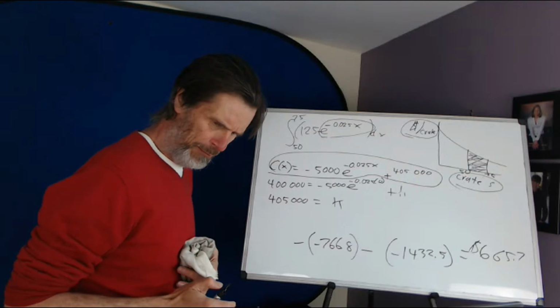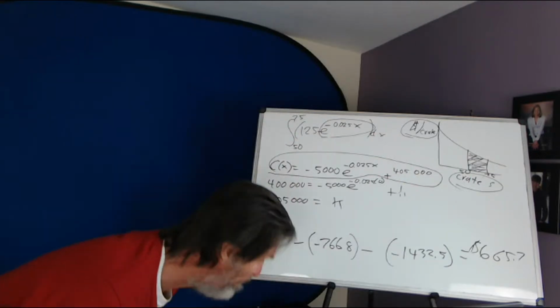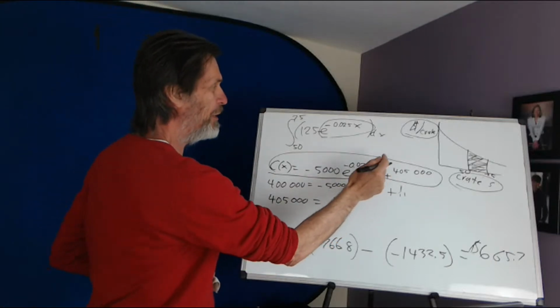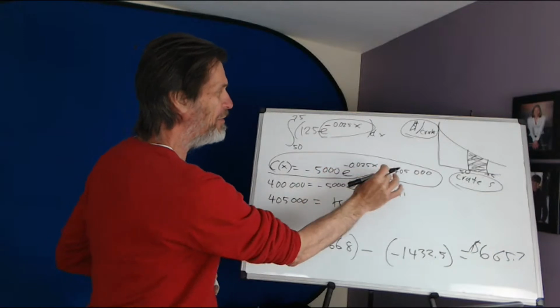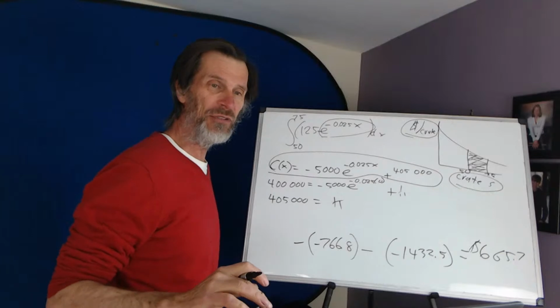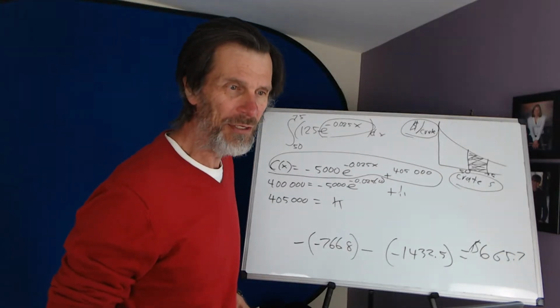The other important thing is when I plug in 0, I should get 400,000. Negative 5,000 plus 405,000 is indeed the $400,000 that the flat cost was.